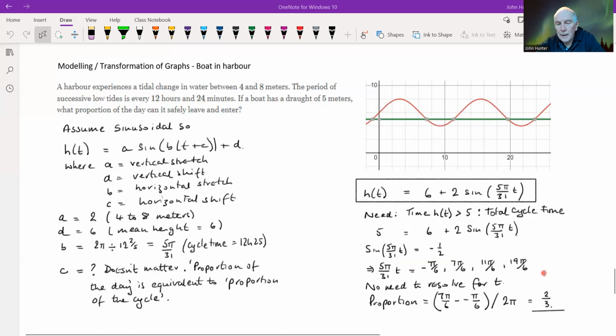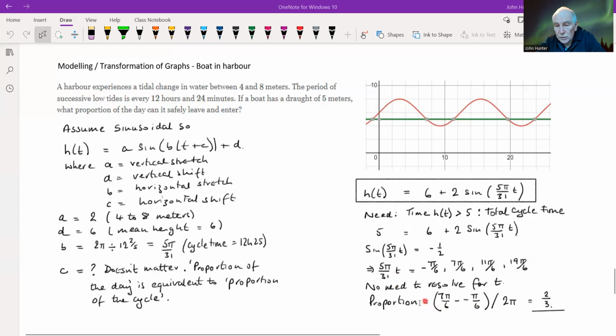One is tempted to resolve for t, and we would end up having to multiply each of these by 31 over 5 pi. But since we're looking for the proportion, it doesn't matter. We can just think of these in comparison to a cycle time of 2 pi.